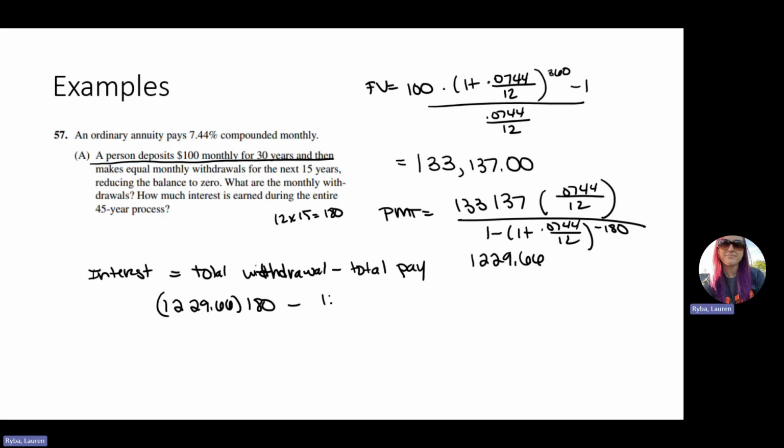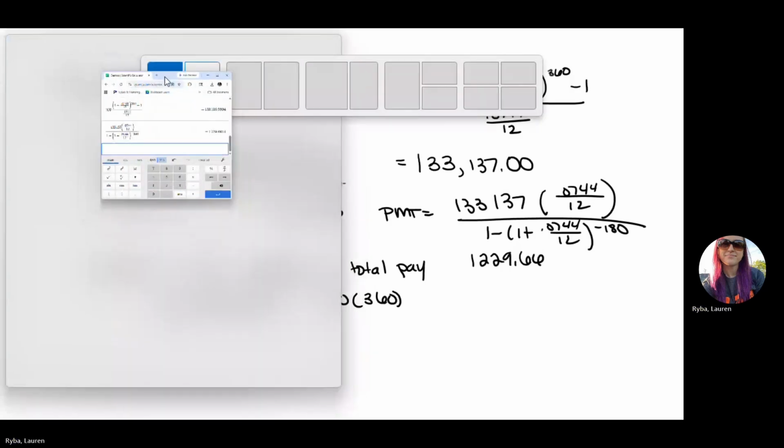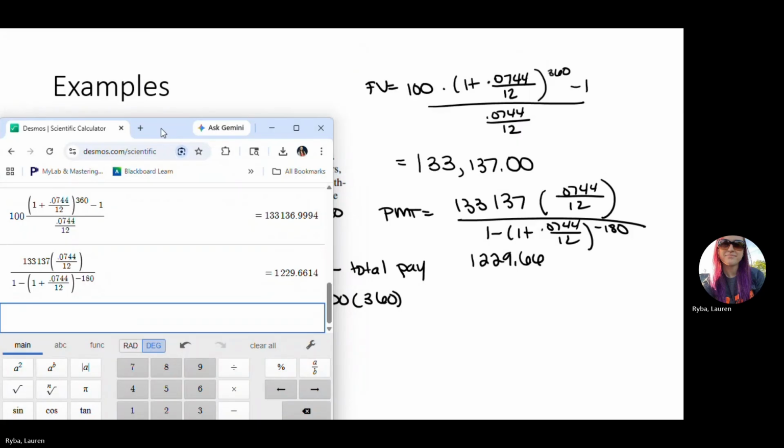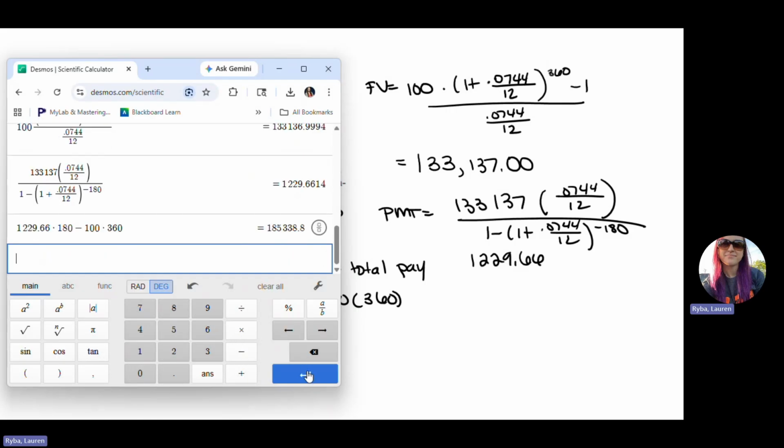I only put in $100 360 times. So if I go here, that was 1229.66 times 180 minus 100 times 360. I earned $338.80 in interest.